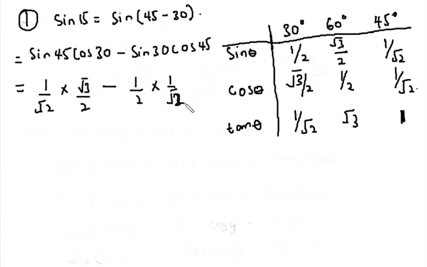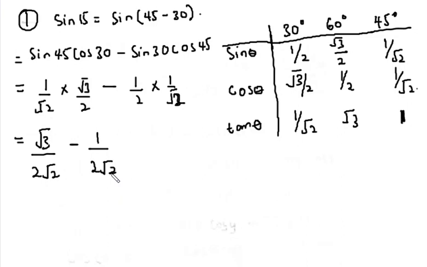Let's simplify this more. This would be equal to 1 times root 3, so we have root 3 as our numerator. Then for our denominator we have root 2 times 2, so this is 2 root 2, minus 1 times 1 for our numerator, which is 1, divided by 2 times root 2 for the denominator.